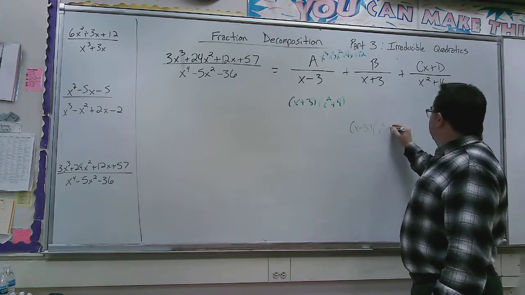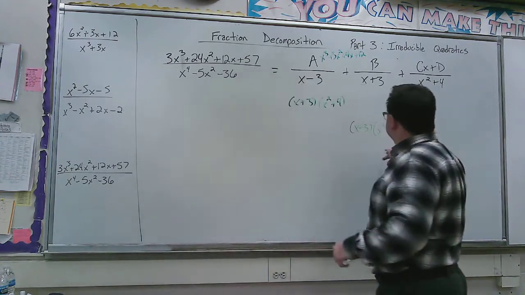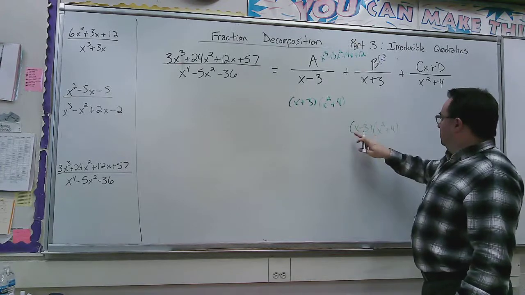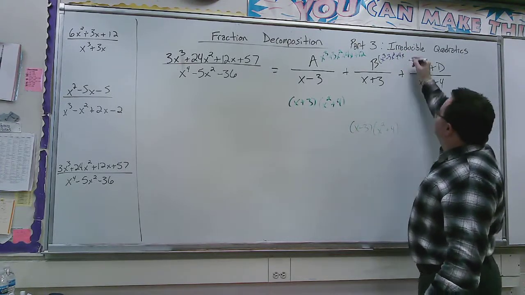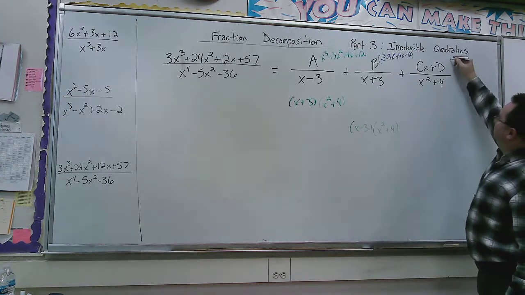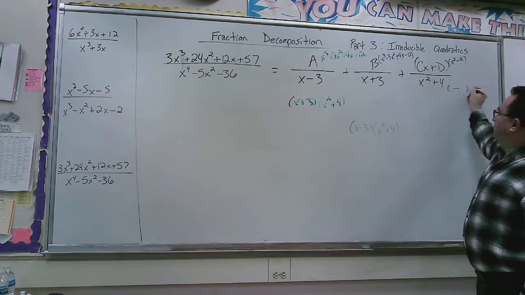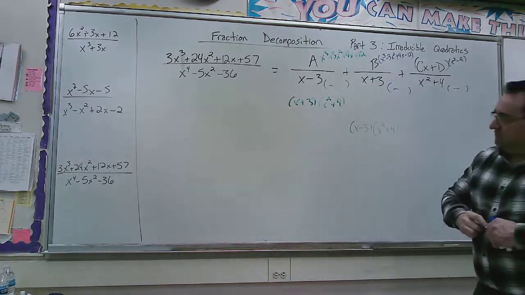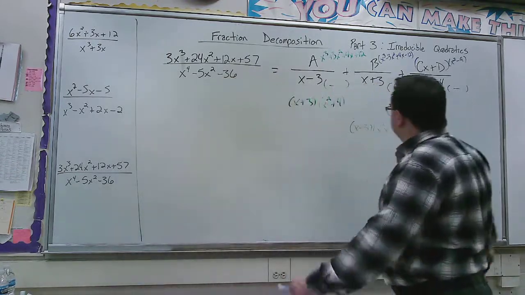So this is going to be times x cubed minus 3x squared plus 4x minus 12. And this one is going to be multiplied by x squared minus 9. And of course that's top and bottom. But we already know that the denominators are going to work out to be that. That's the whole point. So our focus is really on our numerators.